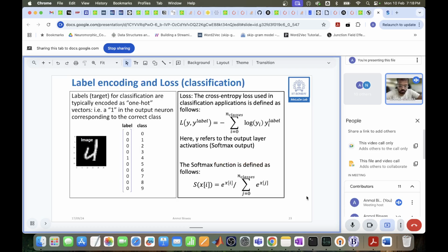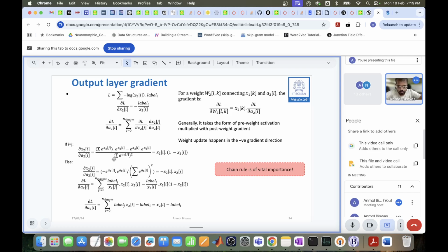We have a summation in the denominator, a summation over e to the power a2 of j. The denominator gets squared, and then in the numerator you get the denominator multiplied by the gradient of the numerator, minus the numerator multiplied by the gradient of the denominator.